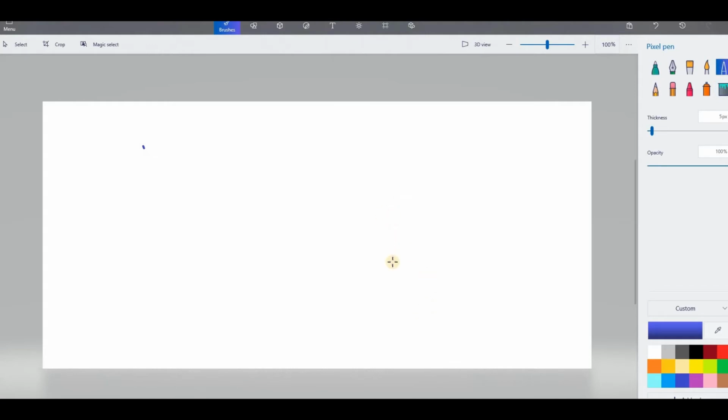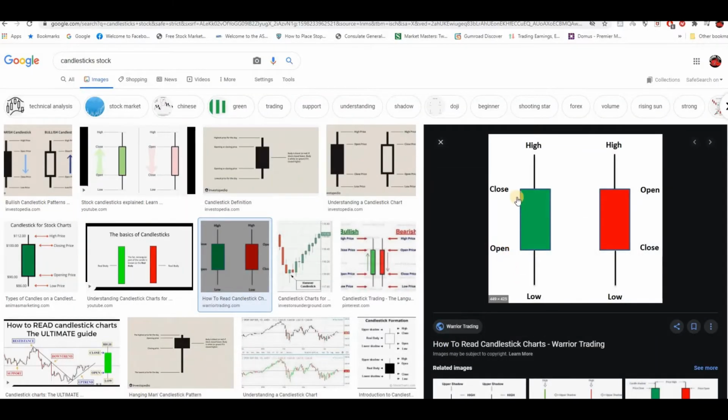The stock will open right in here, and then it might go down a little bit, and after that it will push all the way up higher and close up here, and then you have a candle that looks like that. The open here and the close up here, that's a green candlestick.